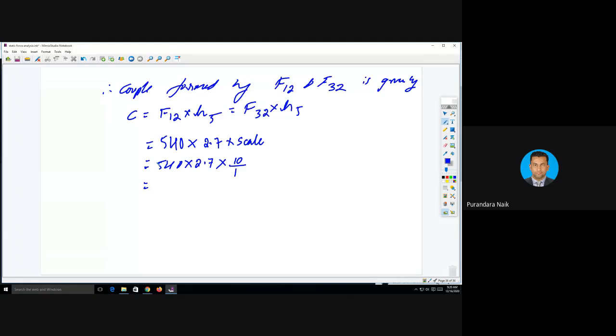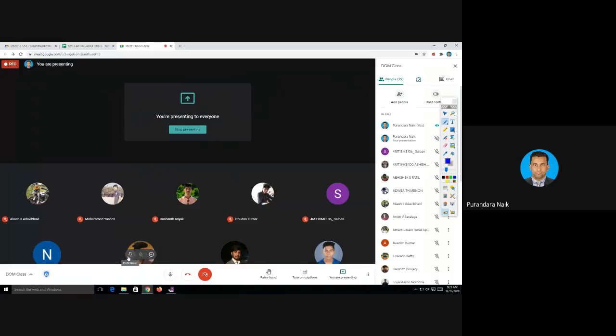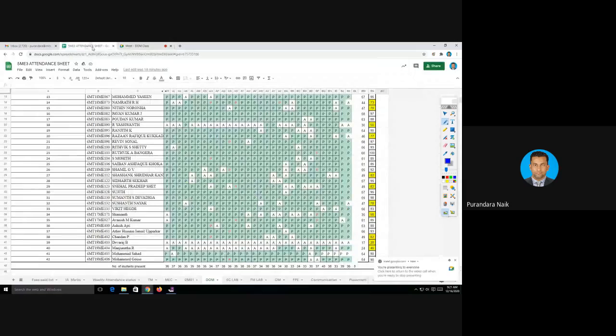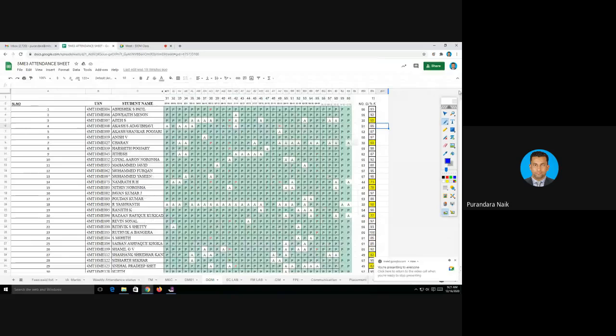Mr. Ajit Pujari. Ajit Pujari is there in the class? Charan Shetty. Charan Shetty is there?